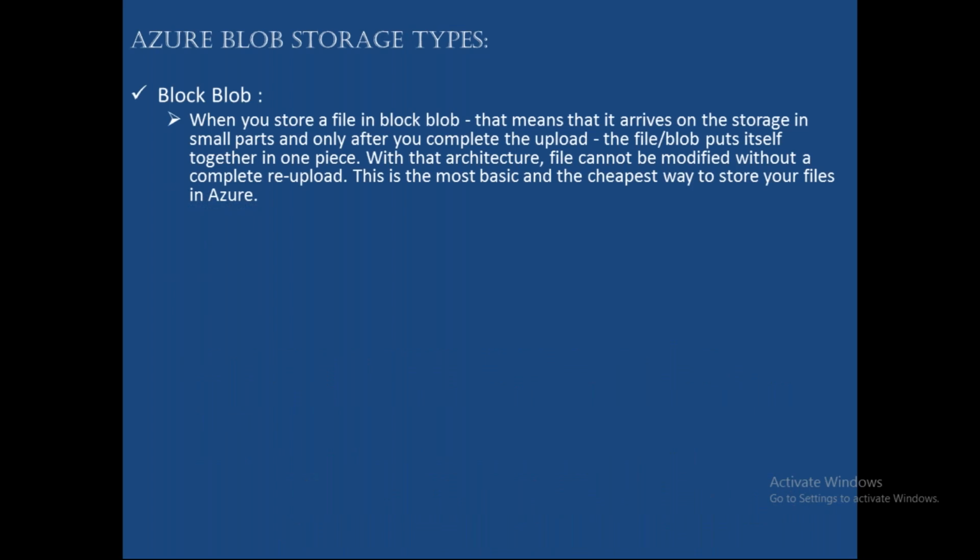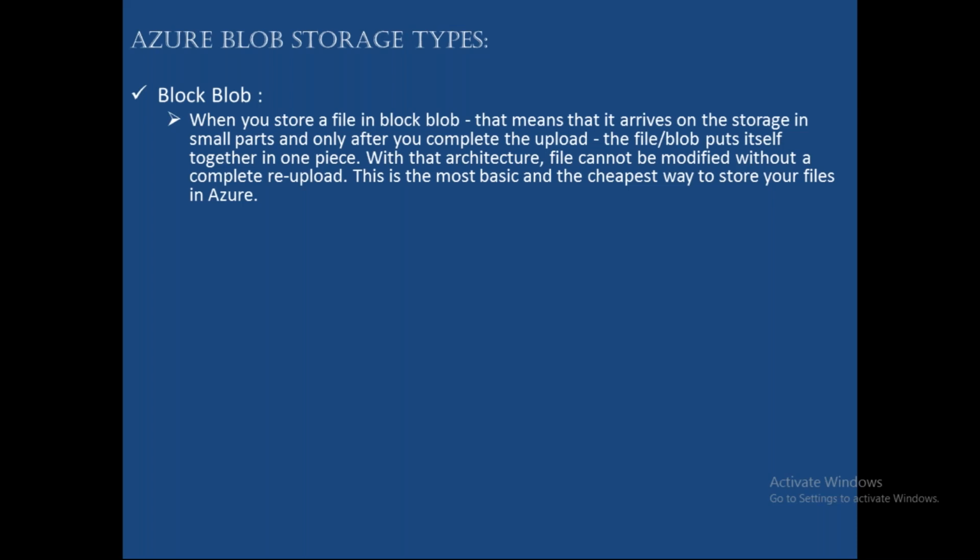So what is a block blob? Let's imagine you are trying to upload a movie into block blob. This movie will be divided into sub blocks. Each block size is 4 MB. Now your entire file will be divided into sub blocks.